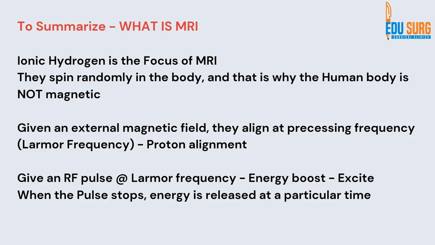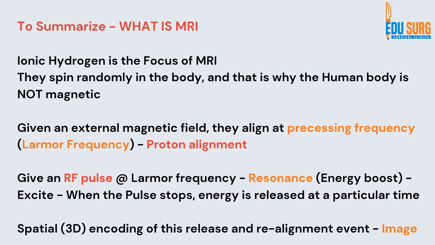This excitement causes them to go out of their path. When the pulse stops, energy is released, and that helps them to come back to their resting state. This release and realignment event is spatially encoded in MRI, and that is what produces the image.